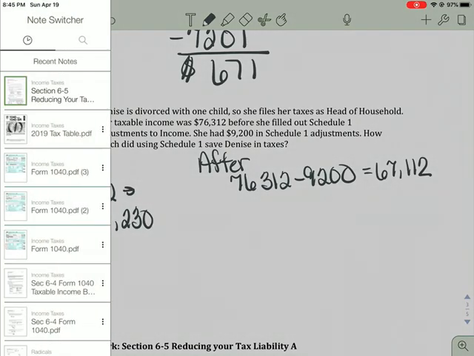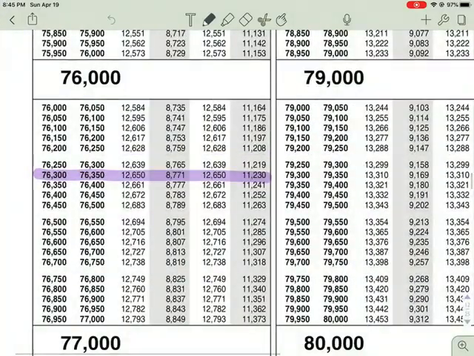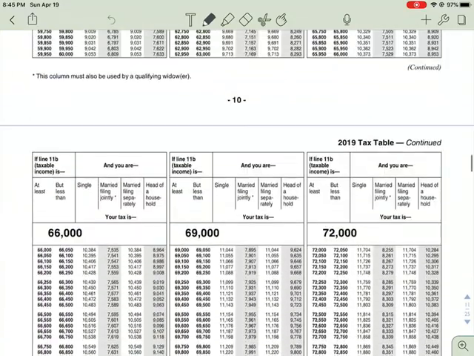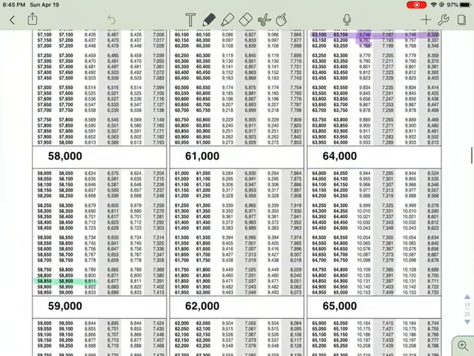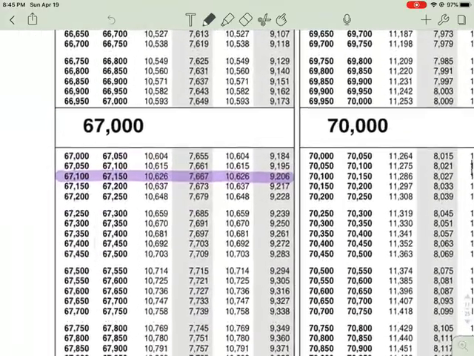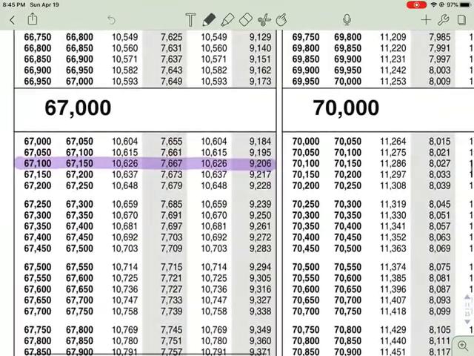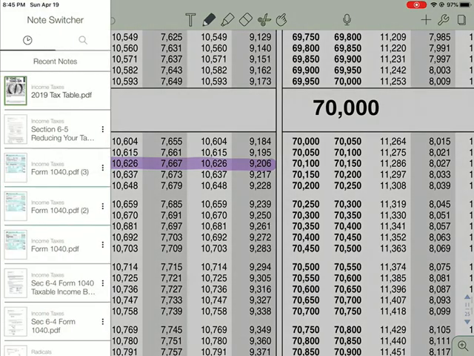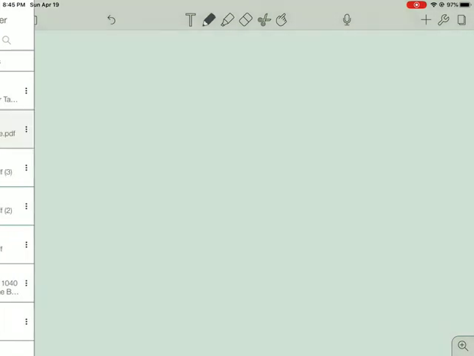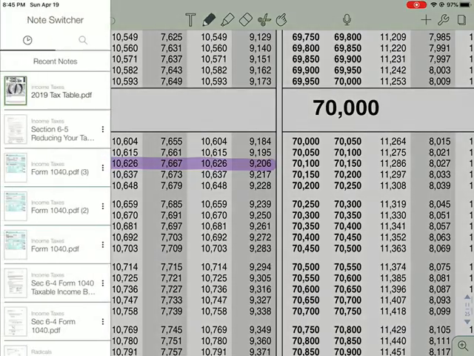Okay, so let's take a look at what that would be on our table. Okay, so 67,000. I overshot. There it is. 112. Again, head of household, $9,206. Okay, is that right? Yep.